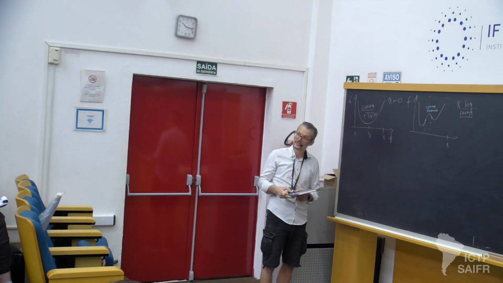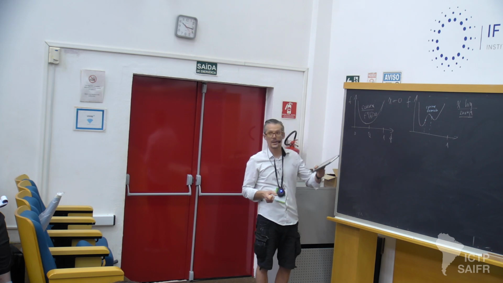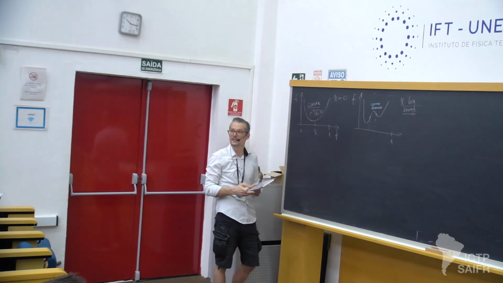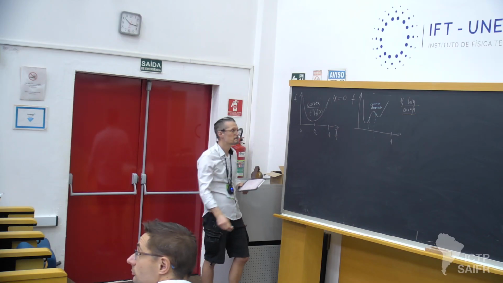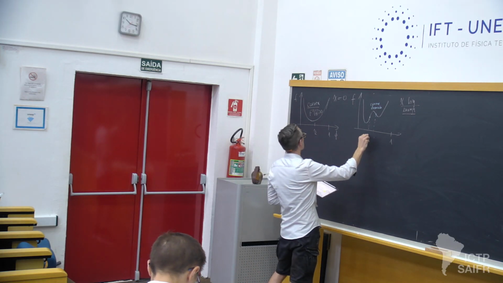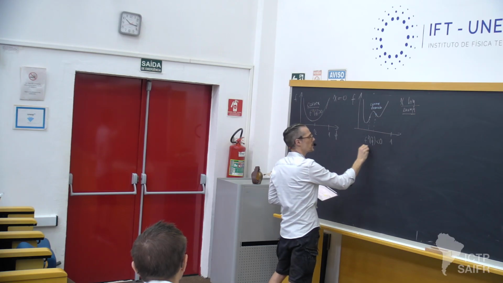Do you remember why? Can someone just call in and say why it is not possible that a thermodynamic state can exist in a concave free energy domain? What was the argument in your lecture? Here, obviously, f prime prime of phi is negative. This is concave.